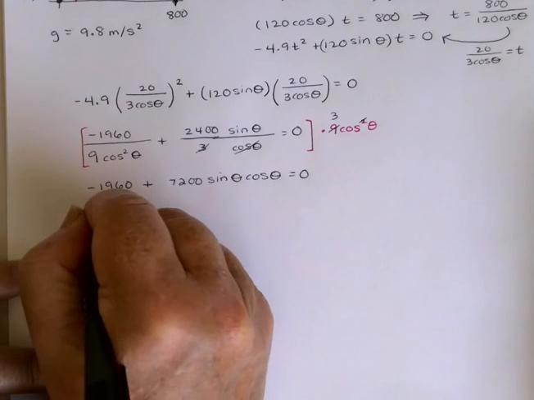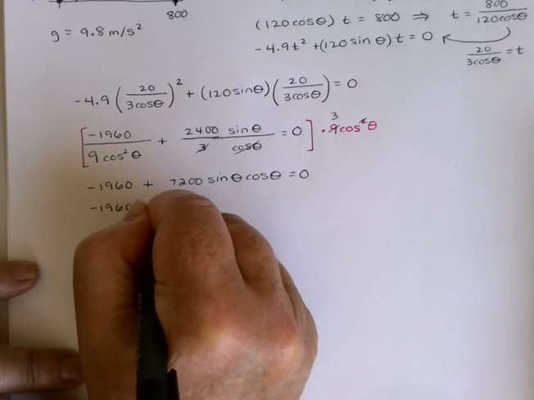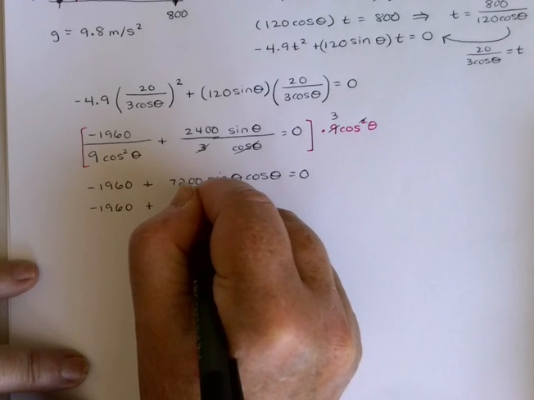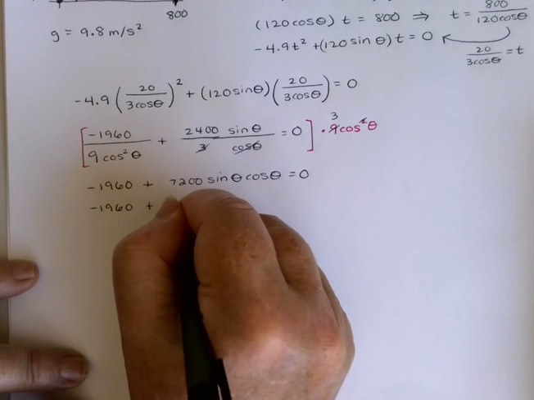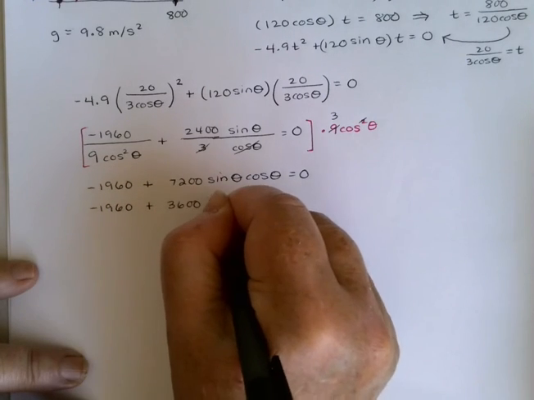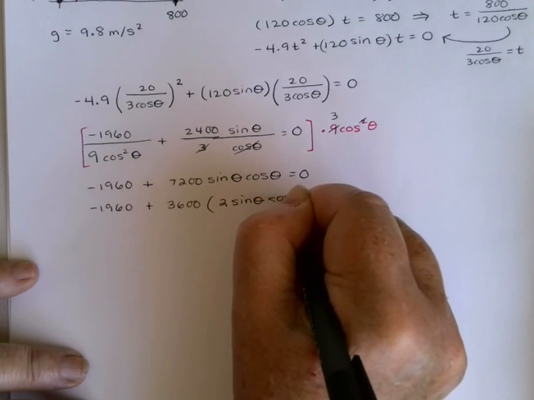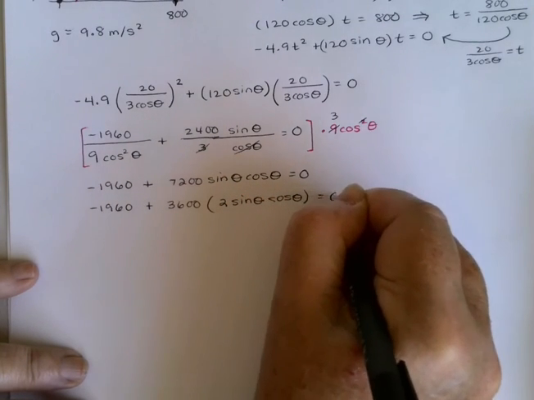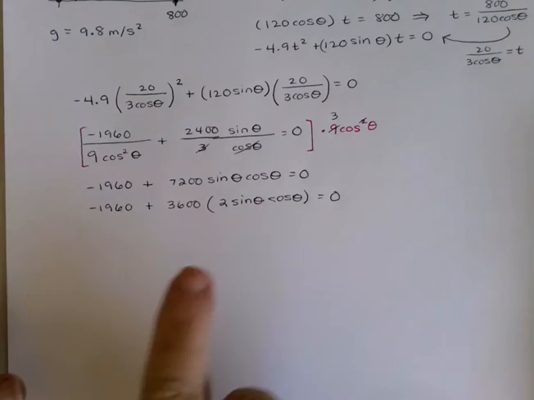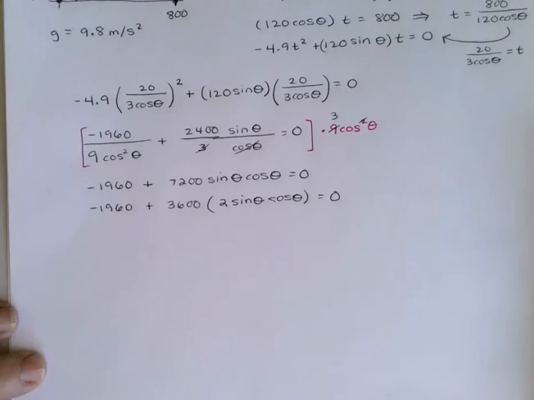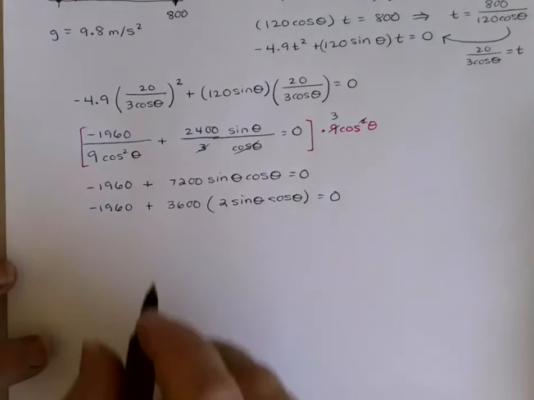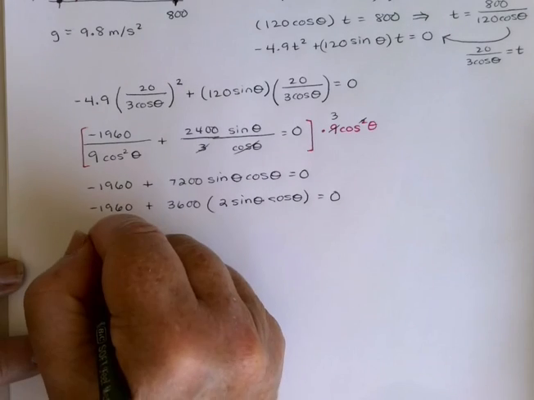I'm actually going to do this. I'm going to factor a 2 out of here. I'm going to make that 3600 times 2 sine theta cos theta, specifically so that I can take advantage of the double angle formula. 2 sine theta cos theta is sine 2 theta.